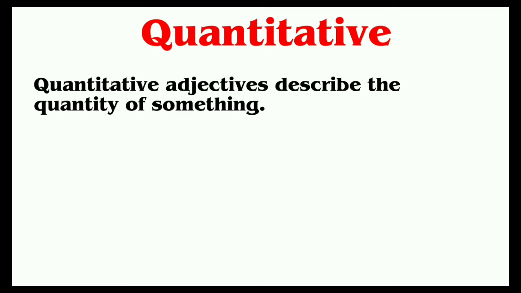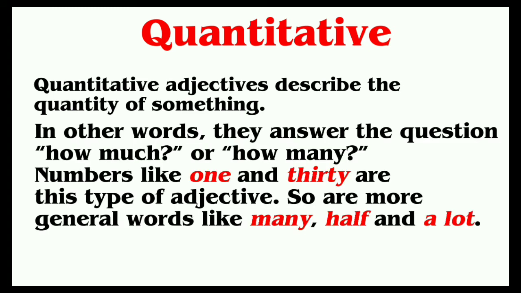Quantitative adjectives describe the quantity of something. In other words, they answer the question how much or how many. Numbers like one and thirty are this type of adjective. So are more general words like many, half, and a lot.